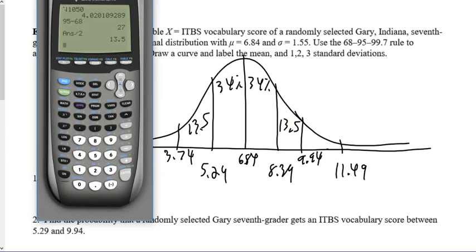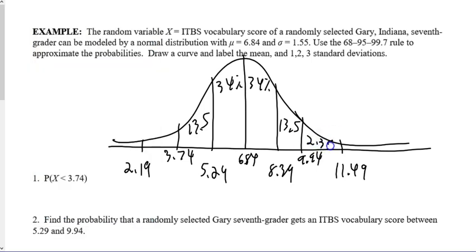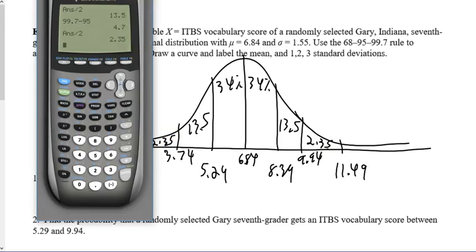Now, if 3 to -3 is 99.7, and we subtract the 95, the previous number, that's 4.7. There's a left and right side, so that's 2.35. And then, think about it, 100 minus 99.7 is 0.3, left and right side, 0.15.